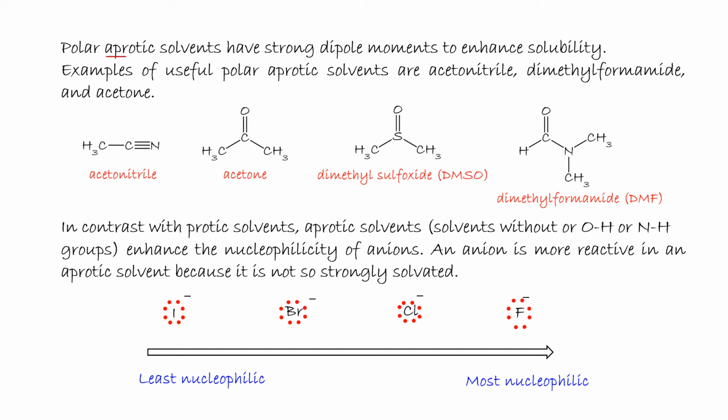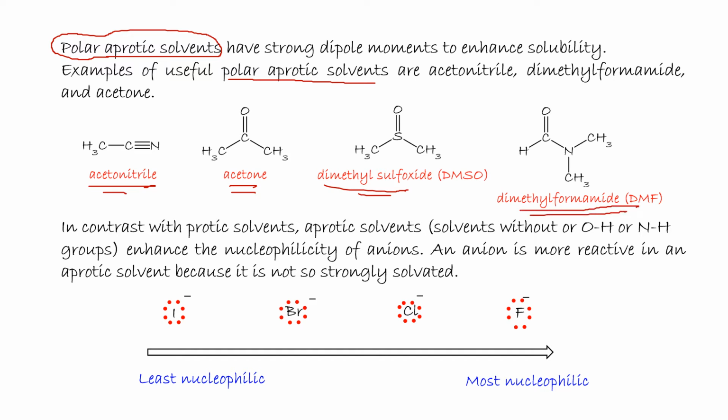Polar aprotic solvent is polar but with no OH or NH, and has a stronger dipole moment to enhance the solubility to a certain extent. Examples of polar aprotic solvents: acetonitrile, acetone, dimethyl sulfoxide, dimethyl formamide.